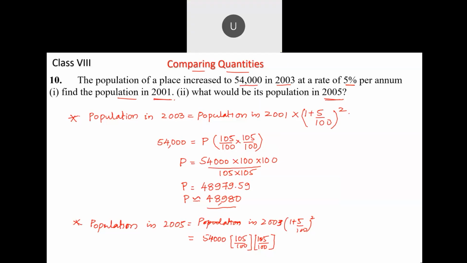What do we do now? The zeros get cancelled, 3 of the zeros are cancelled. Further, 105 by 5 is 21, and 54 by 2 is 27.